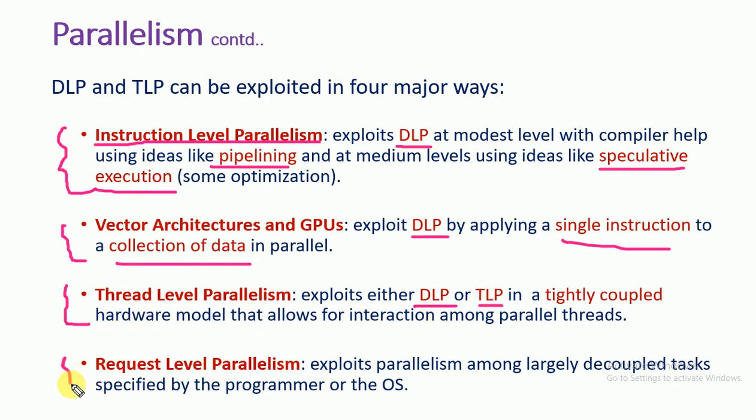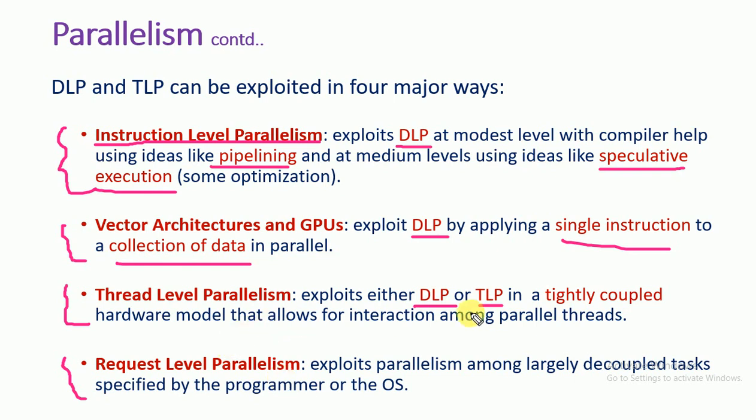Then the last category is request level parallelism, which exploits parallelism among largely decoupled tasks. That means, according to the user request or the request from the operating system, the different tasks can be executed in parallel.